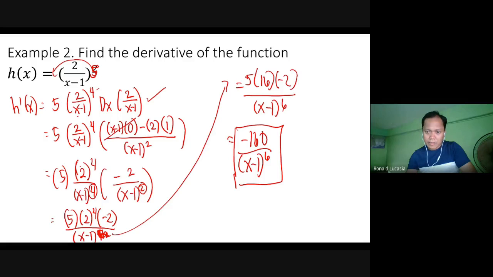From Marit, negative 120x. Let's answer.